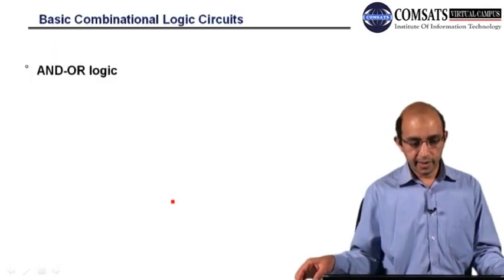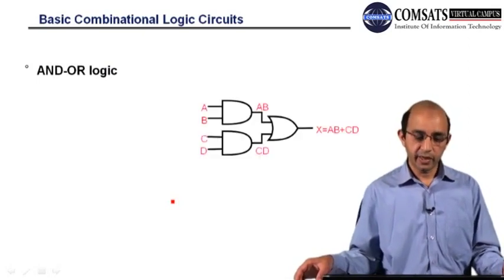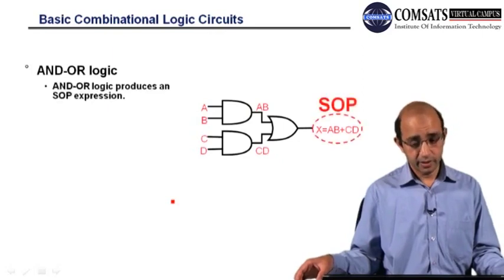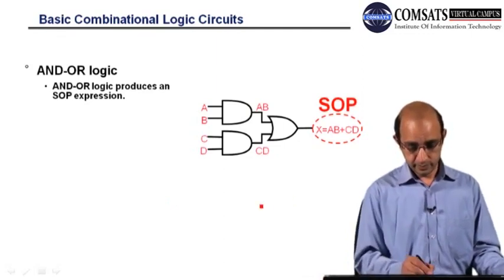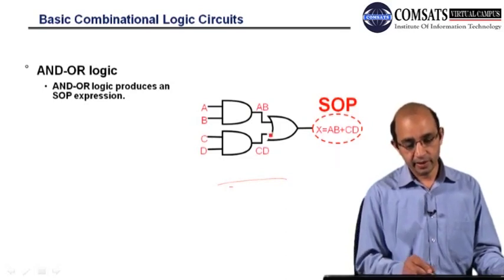Okay, and then for the combinational circuits, we can have different logics. Like here you can see we have AND OR logic, and we represented this as sum of products, right? You can see that here we have AND gates, the products, and they are being summed up by this OR gate.